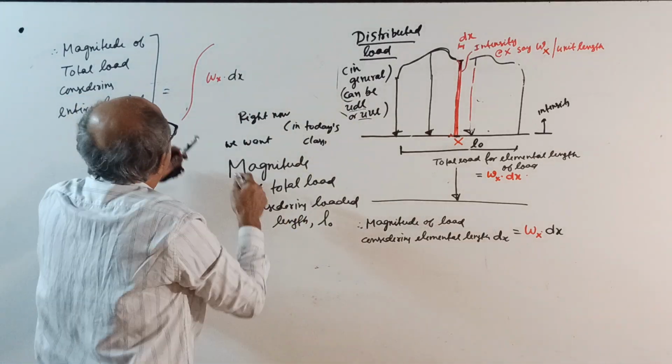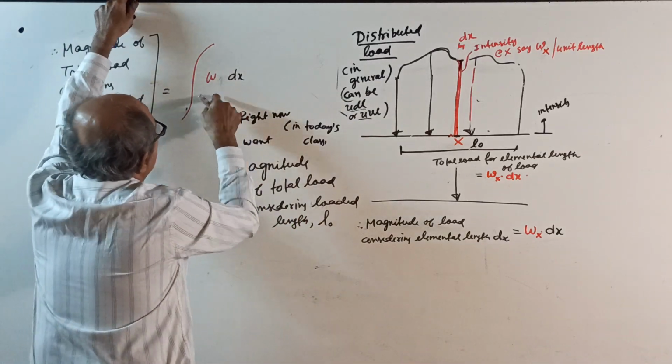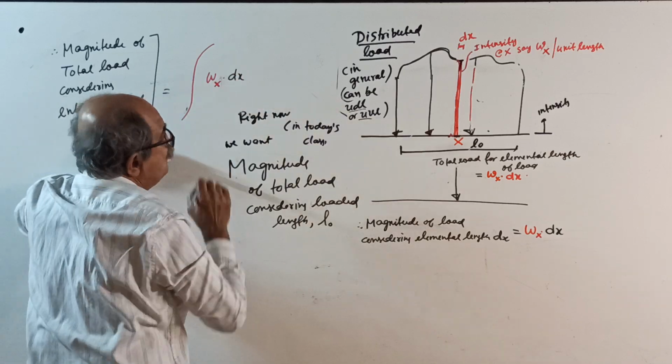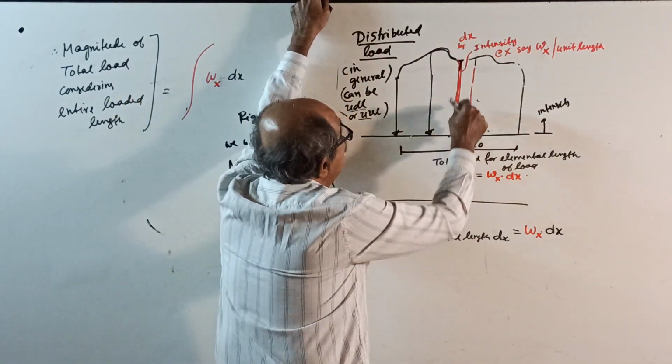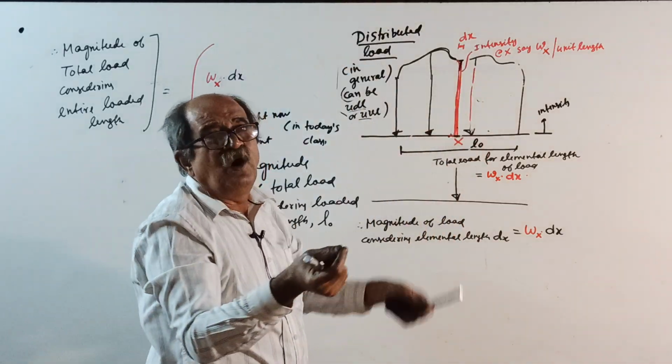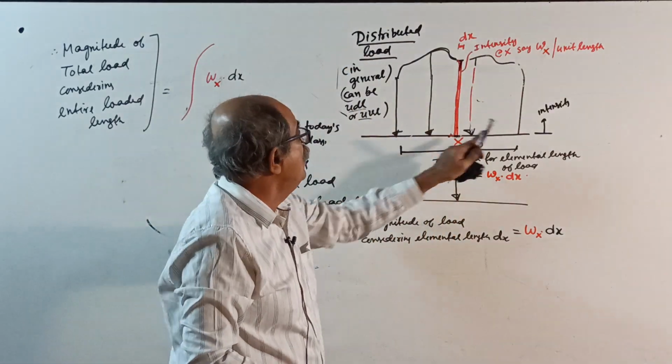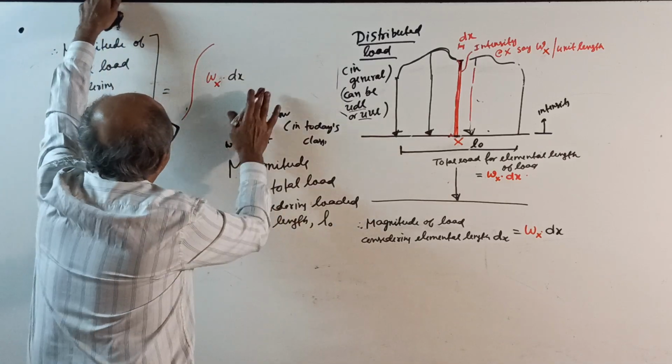You write here, w suffix x, capital X. w_x is the intensity for a small length, into dx will give the load for elemental length. You want the full load, integration. This is a principle.